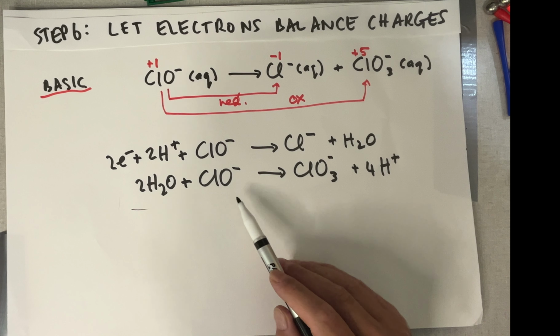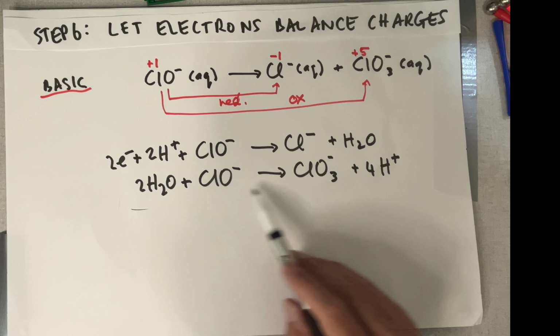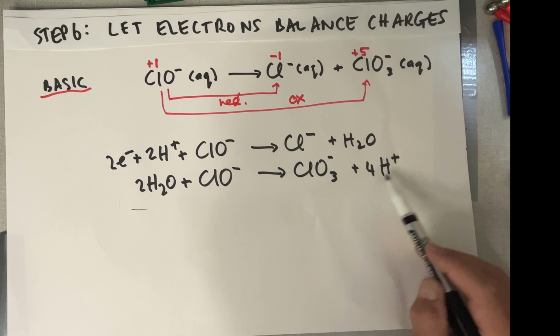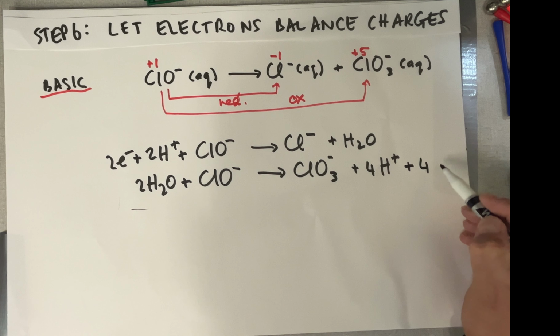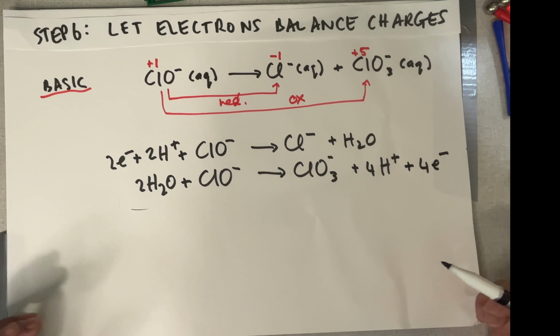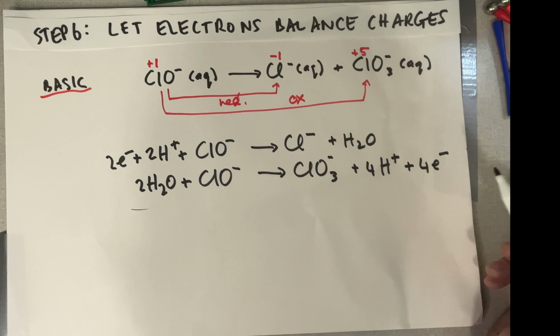On this side, you have a 1 minus, a 1 minus. Again, this balances each other out. And here you have 4 pluses. So you're going to require 4 electrons on this side. And again, as with the previous example, make sure that your electrons are on opposite sides of the equation so that you have an oxidation and a reduction as required.